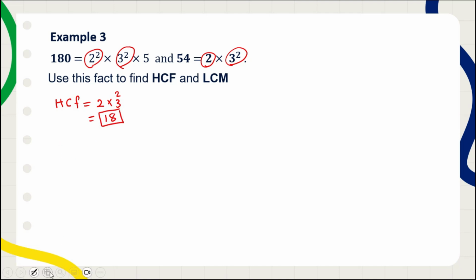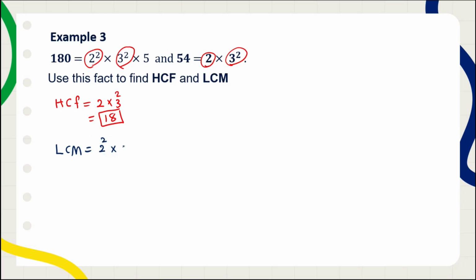Now let us go to LCM. For the LCM, we include every prime factor that appears in either number, taking the highest power of each. For the prime 2, the highest power is 2 to the power of 2.